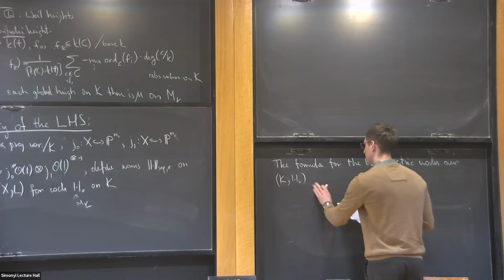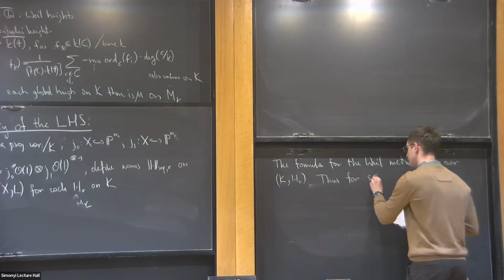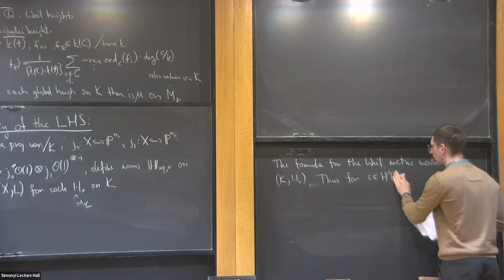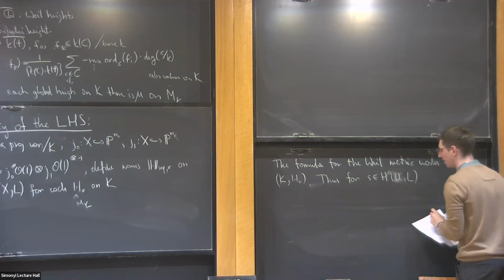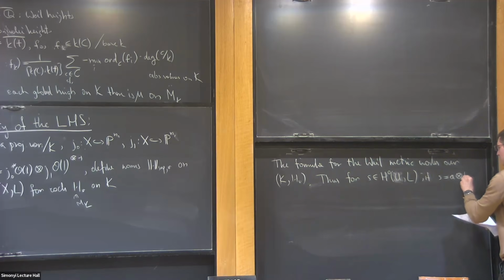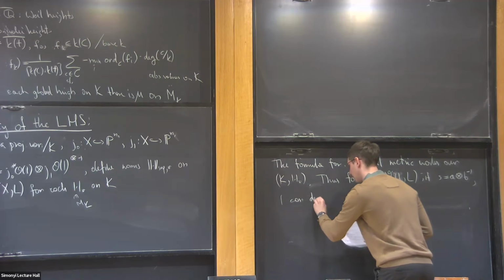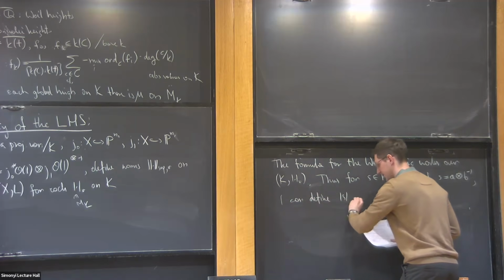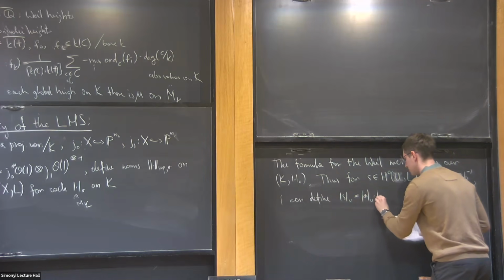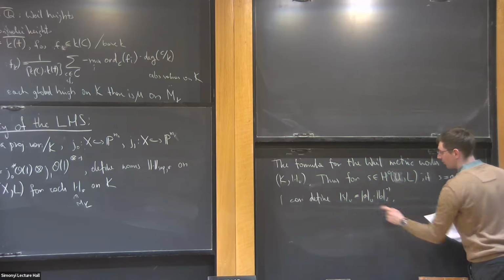And so for s, which is a section, maybe some local section of this line bundle L, if I write this s locally as a tensor b inverse, I can define the norm of s to be the norm of a times the norm of b inverse.